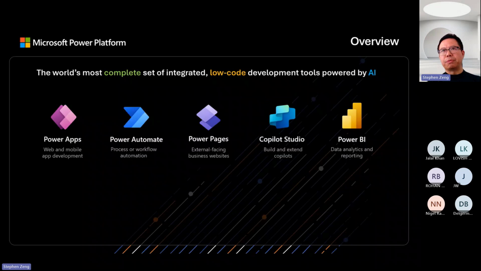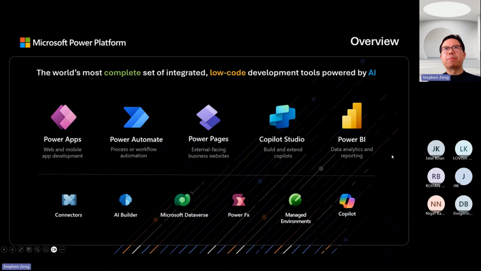And Copilot Studio, you can use it to build your chatbots, your copilots, so that it has the capability to have a conversation with the user. And what's more exciting is that it's powered by the latest GPT models. And with Power BI, you can build reports. So these are the main products from Power Platform.